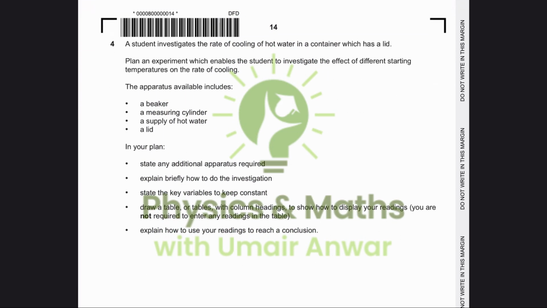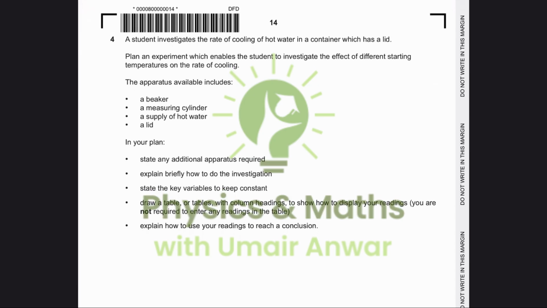So it says a student investigates the rate of cooling of hot water in a container which has a lid. Plan an experiment. This statement is to be read very, very carefully, because it is going to give us an idea of what the 2 variables involved in the planning of this experiment are: which one is the independent one, which would be changed by us, and which variable is going to be the dependent one, which is to be measured or recorded by us.